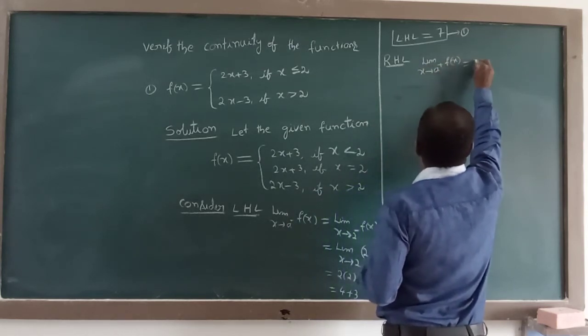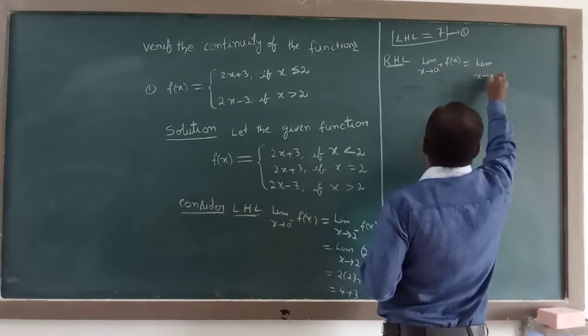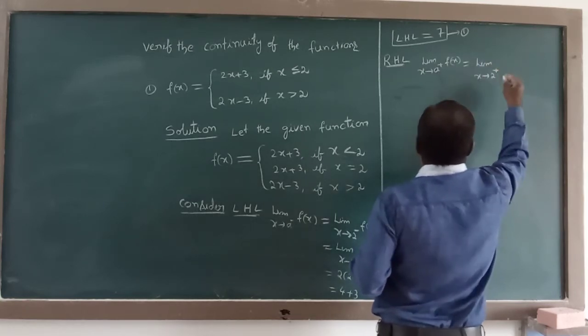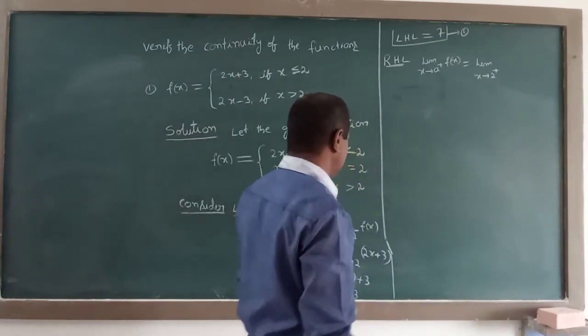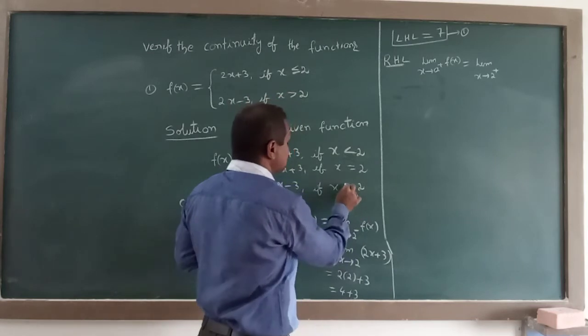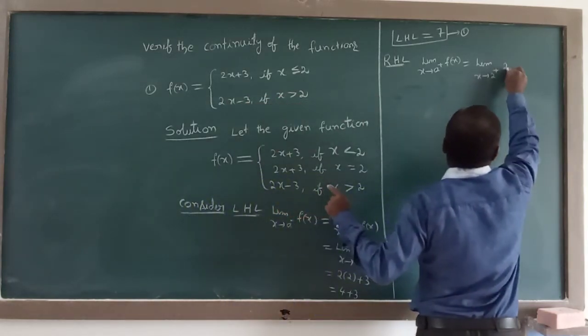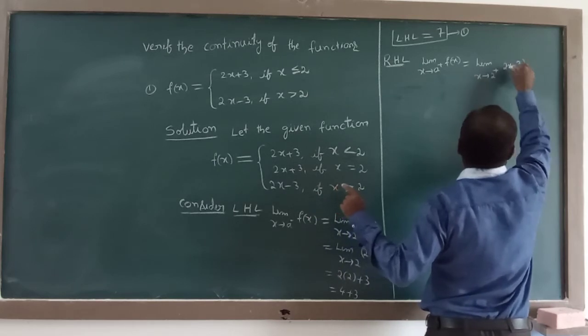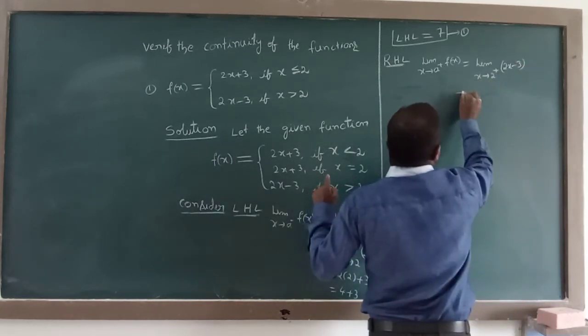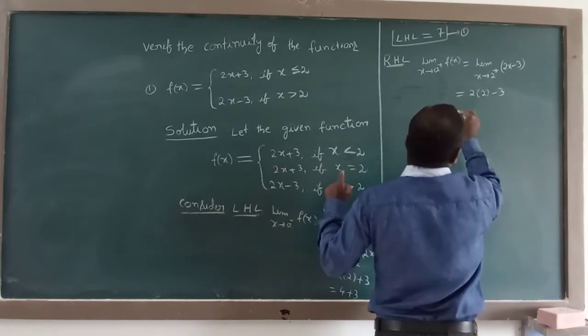Corresponding to the greater than symbol, the function here is 2x minus 3. 2 into 2 minus 3.